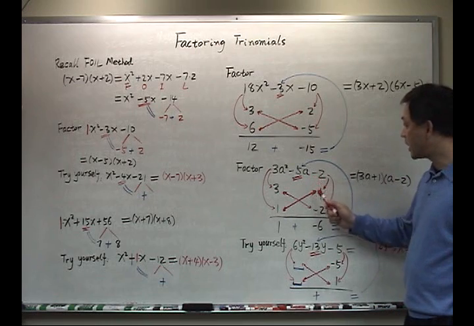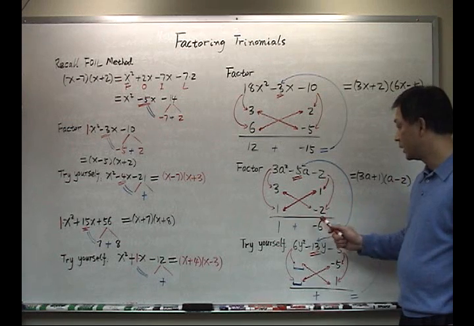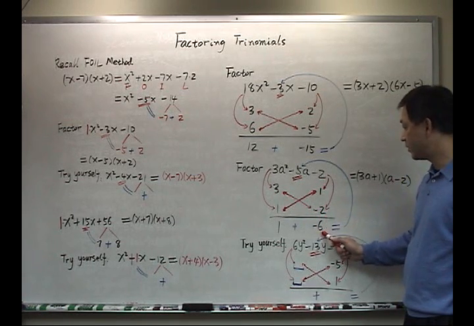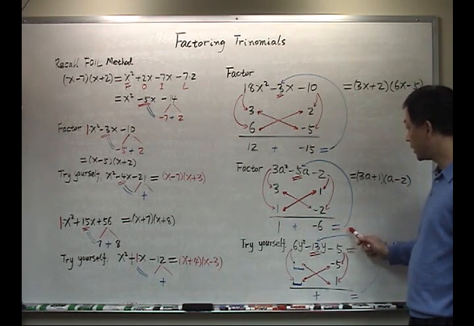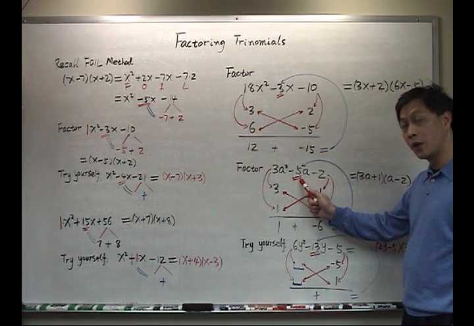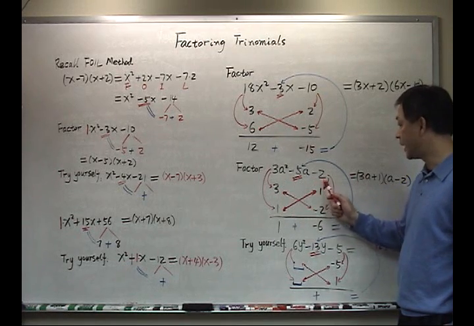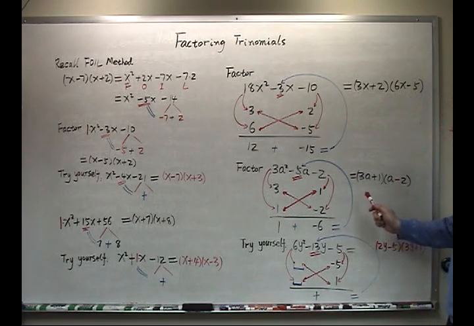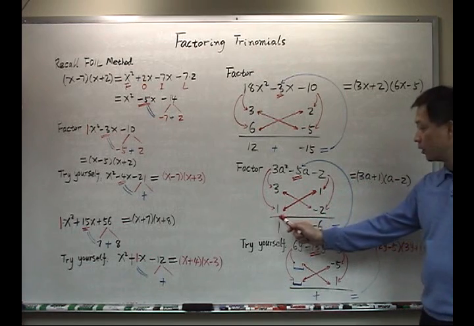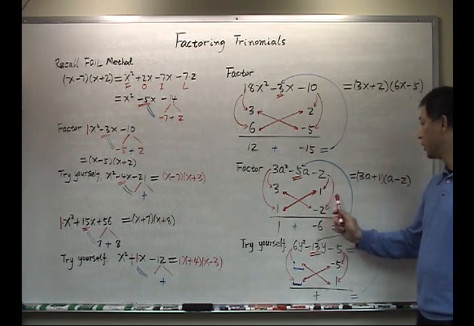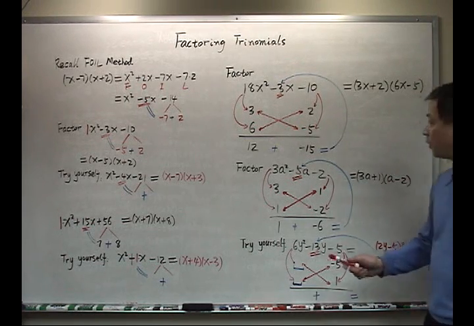Now, if you give the negative sign to 2 here, 1 times negative 2 is negative 2, and then 3 times negative 2 is negative 6. 1 times 1 is 1. You add together, it is negative 5. So then you know this is the correct way to break up 3 and negative 2. Okay? So the answer can be written as 3a plus 1 times 1 times a minus 2. 1 times a is just a, so it's a minus 2.